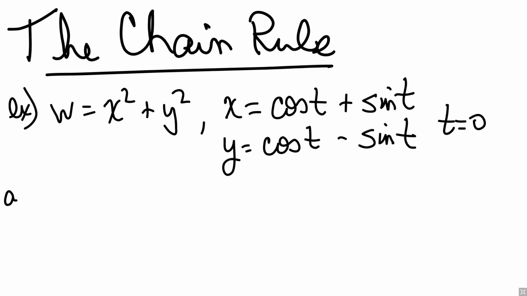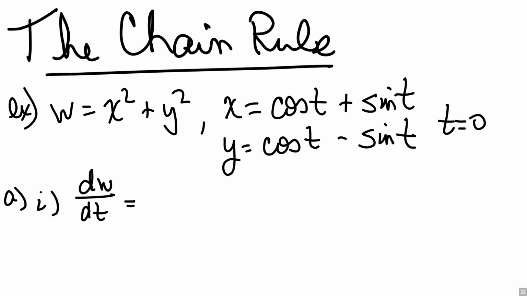Okay, so for part A, we are to express dw/dt as a function of t, both by using the chain rule and by expressing w in terms of t and then differentiating. So there's a two-part situation for part A. Part 1, we want the derivative of w with respect to t.